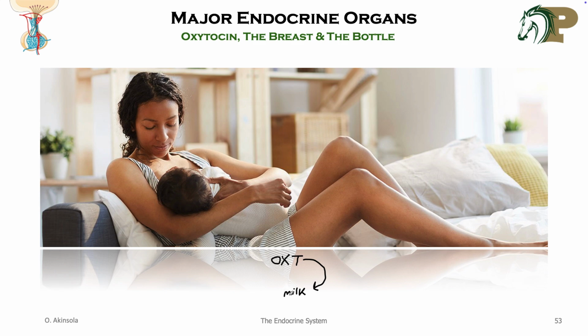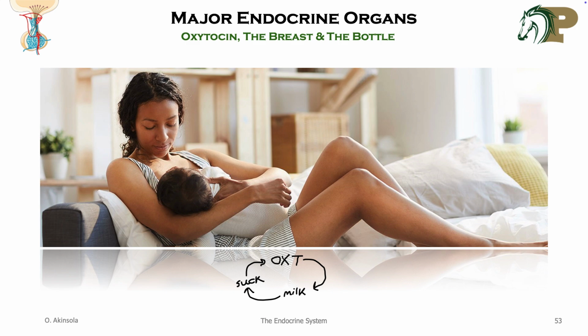As milk is released from the breast, that's going to give incentive, or inspire or make the baby more apt to engage in that sucking mechanism. The sucking mechanism will then promote the release of more oxytocin.